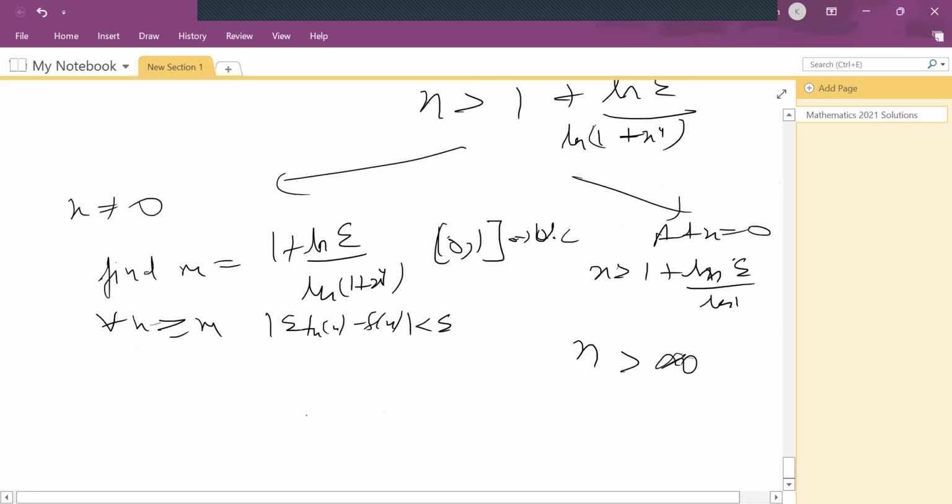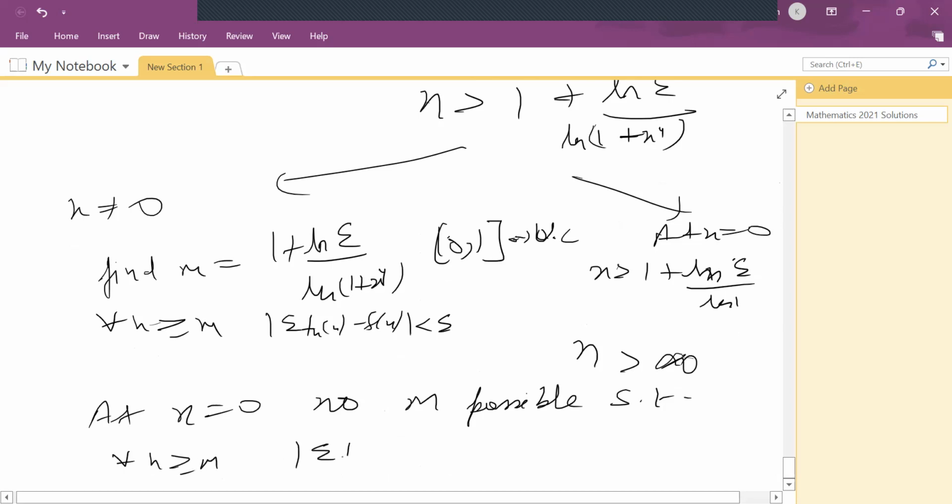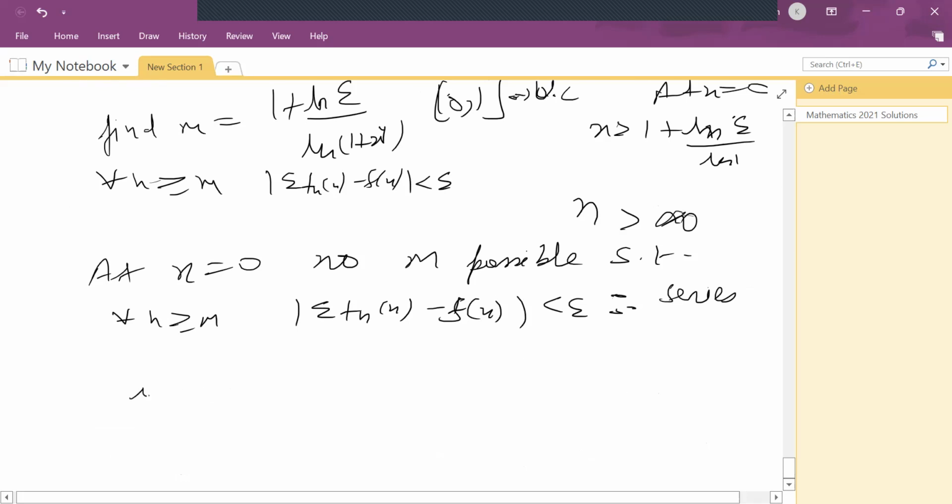So at x equals 0, no m is possible such that for all n greater than or equal to m, |Σfn(x) - S(x)| is less than epsilon. Therefore, the series is not UC at x equals 0.